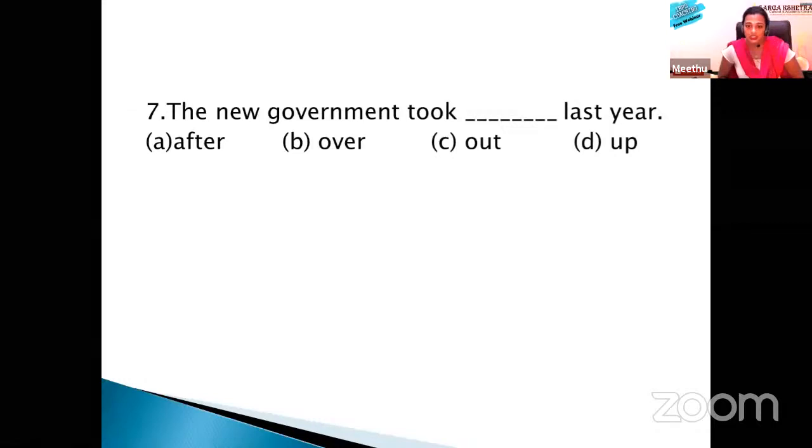So it is, the new government took after. It is as simple as that, because it is like took after last year, just because it is something that took place last year.